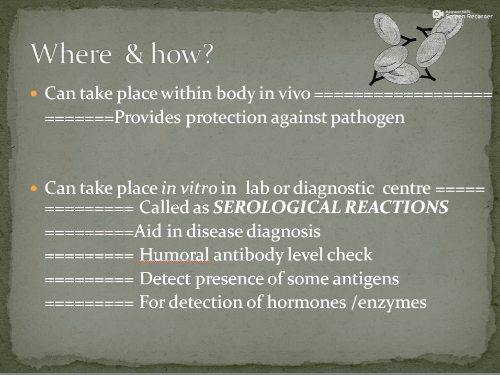Once you take your blood and centrifuge it, the RBC gets settled down, and the liquid portion of the blood, which is found as a supernatant, excluding the RBC, will constitute the serum. Within the serum are present the antibodies. So when you carry out antigen antibody reactions in vitro, in a lab or in a diagnostics center, for various purposes, such reactions are called the serological reactions.